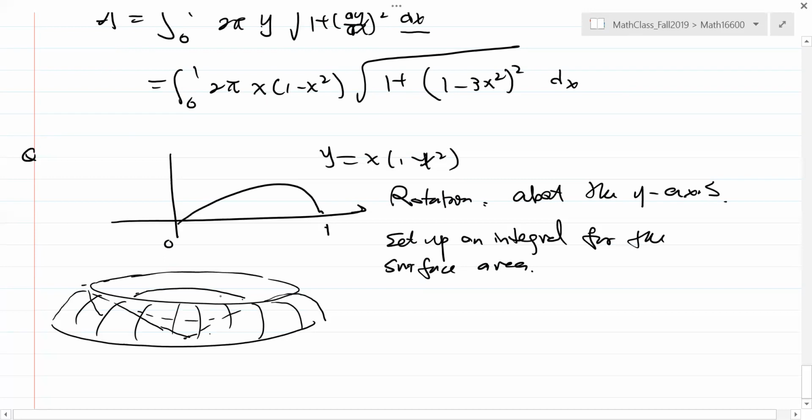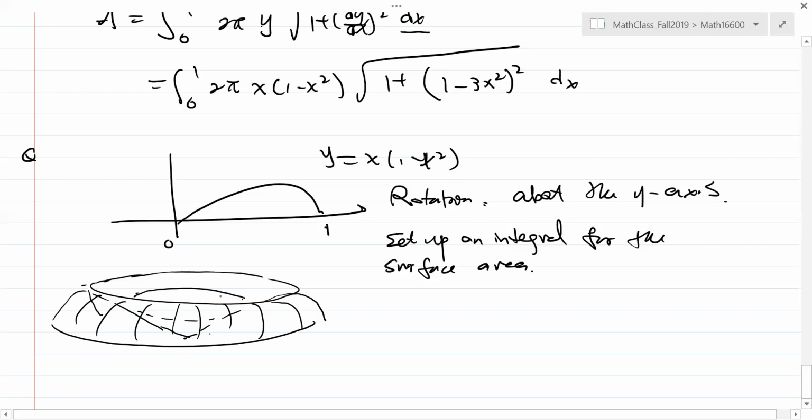How do you figure out the surface area? I think at this time you have to use the x variable.